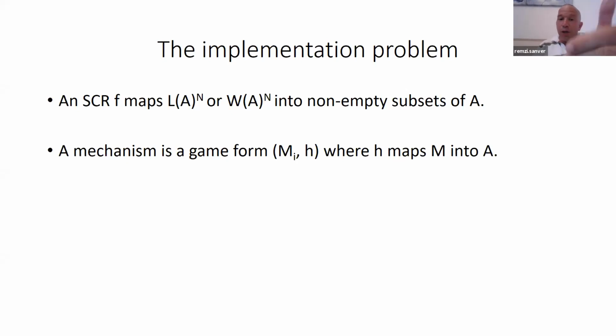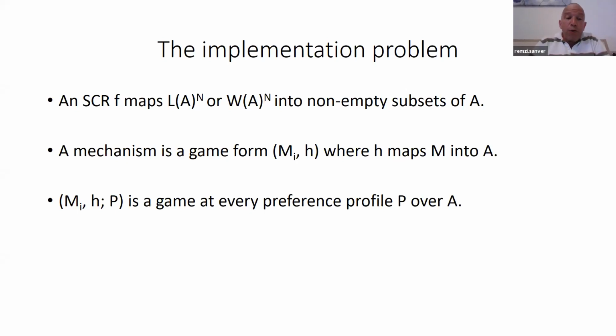So the citizens know how their joint messages are connected to outcomes. Of course, given their preference profile P over the true alternatives, this induces a game. Somebody says red, somebody says white, somebody says blue, and this gives an outcome. But if I know that when I change my color there will be a new outcome, I play this game.